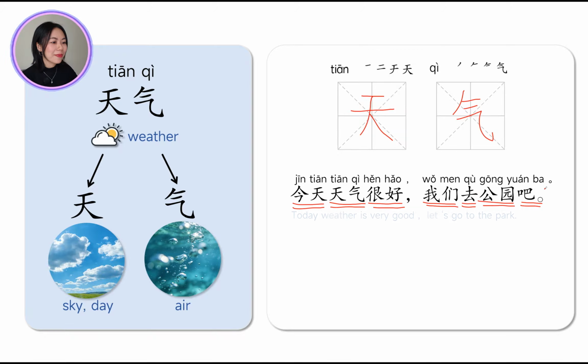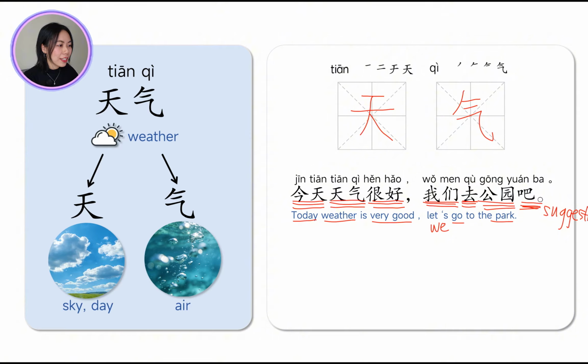And the meaning, 今天 today, 天气 weather, 很好 very good, 我们 we, 去 go, 公园 park, 吧 is like a suggestion marker. It's like let's do something. Okay? So 我们去公园吧. Let's go to the park.